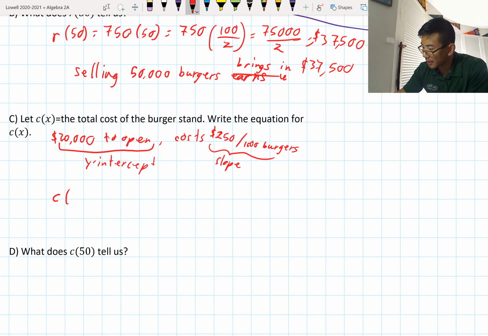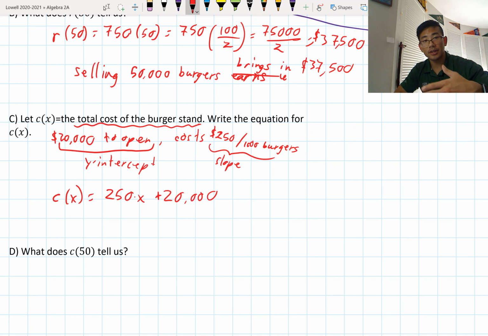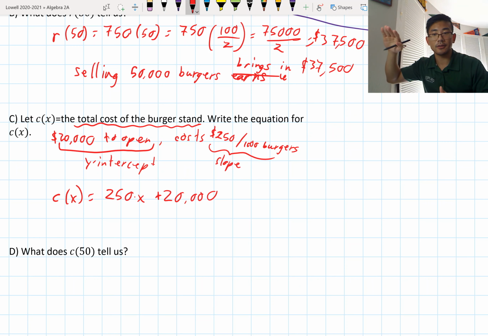Our equation, C of X, is equal to $250 times the number of burgers plus $20,000. I just really want to emphasize what this says again. This is the total cost of the burger stand. That's why it should have a positive slope, because it's costing more. I saw a lot of people thinking that it should actually be going downward because they're used to, well, if I'm spending money, then I'm losing money, so I have to go down.